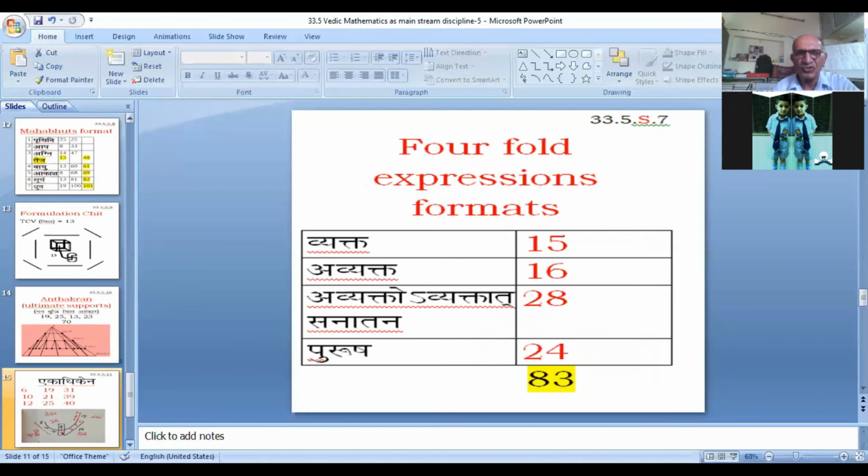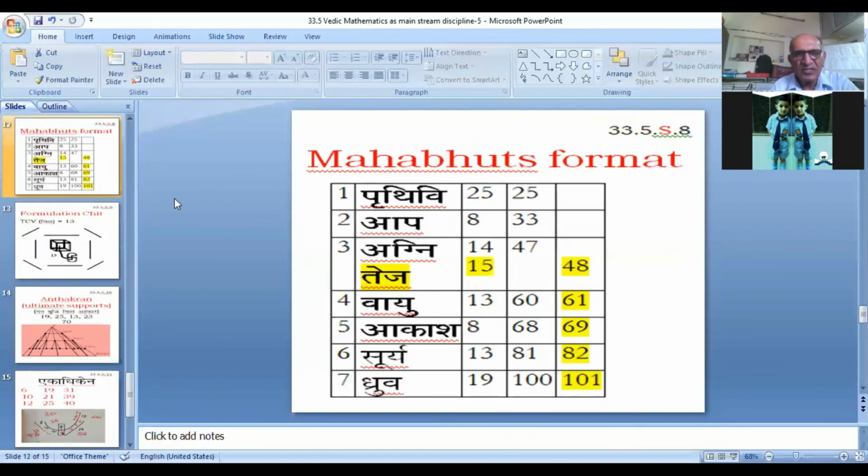Summation value is 83. It will be blissful to take note that this reach in the context of the Mahabhuts, the basic elements format of a Prithvi, Apa, Agni, Vayu, Akash, and Surya comes to be of value 81. So 81 as a dimension takes us to 83 as a domain.